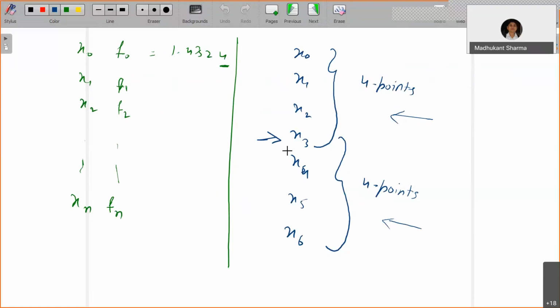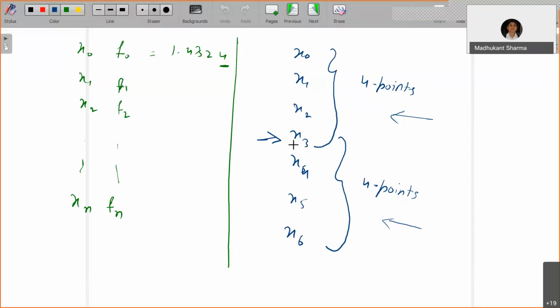So you have the given data, and what you will do is create blocks. First 4 points, then x3 to x6 is another 4 points, and so on. So you will divide into blocks, and then for each block, in this case, you will get a cubic interpolating polynomial of degree less than or equal to 3.